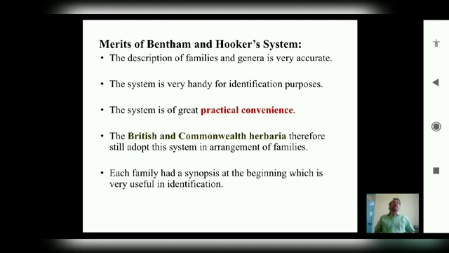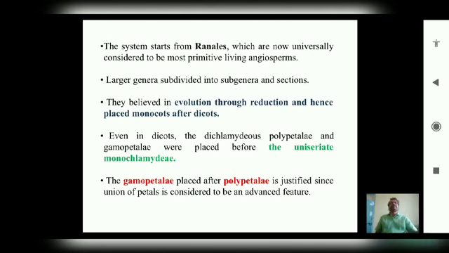The British and Commonwealth Herbaria have still adopted this system of classification, and each family had a synopsis at the beginning which is very useful in identification. The system starts from Ranales, which is considered to be the most primitive among the angiosperms, and it is universally accepted. Larger genera were subdivided into subgenera and sections.